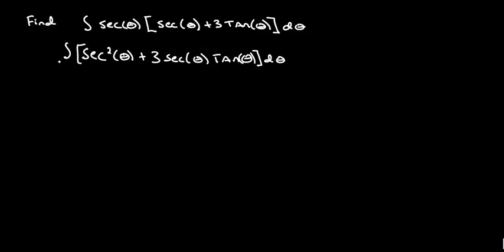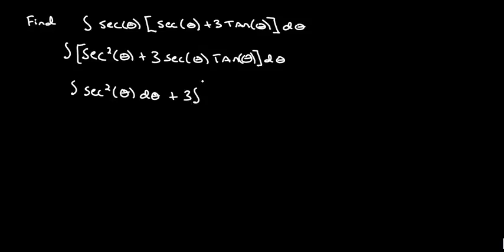Now, we can use our integration technique for antiderivatives, and we can split these up because there's addition in between. And so we'll rewrite this as the integral of secant squared theta d theta, plus the integral of, and this 3 I'm going to pull out front, because we can do that.